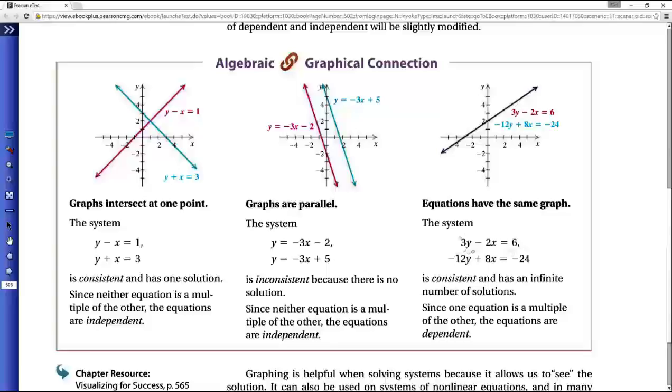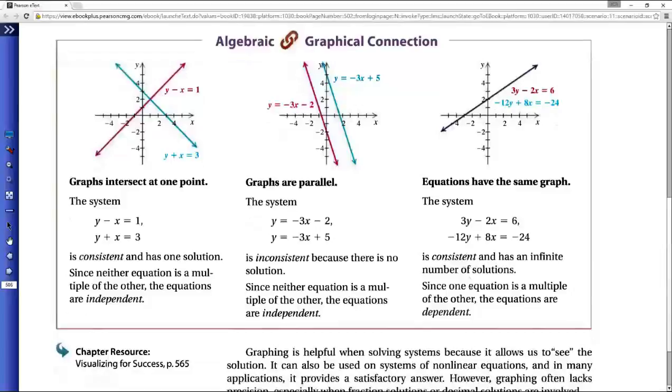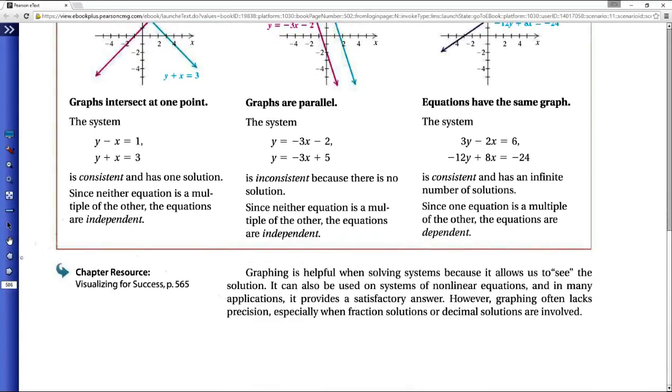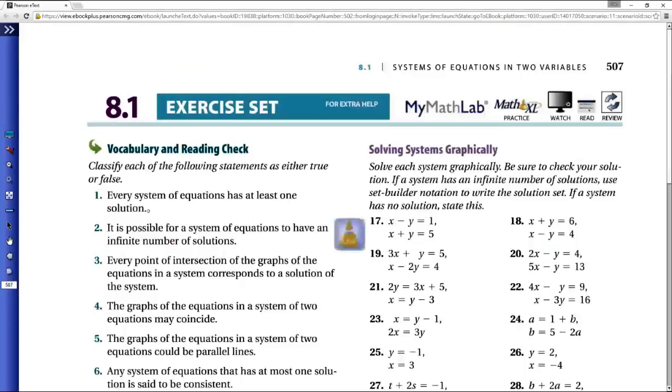If I took this equation and multiplied both sides by -4, I'd get this. Well, they're consistent because there is at least one solution. There's an infinity of solutions, really. But since one equation is a multiple of the other, the equations are dependent. Just to get a grasp on that. So good luck on your assignment, and more to come.